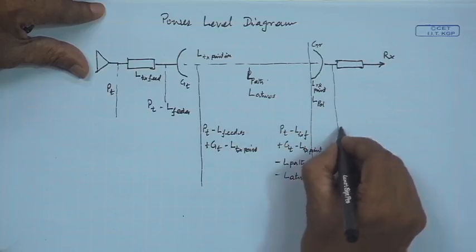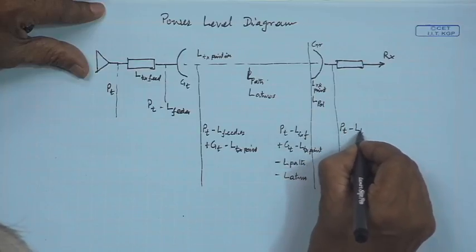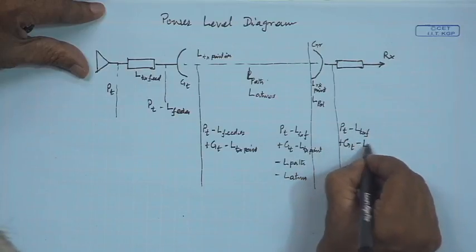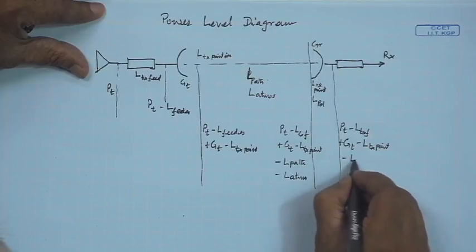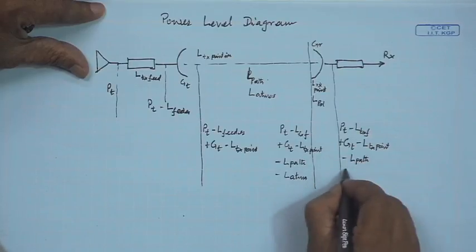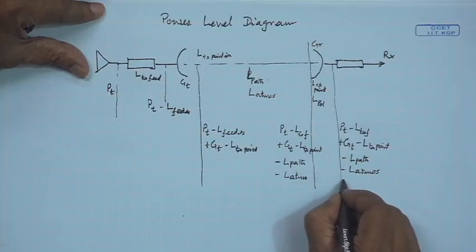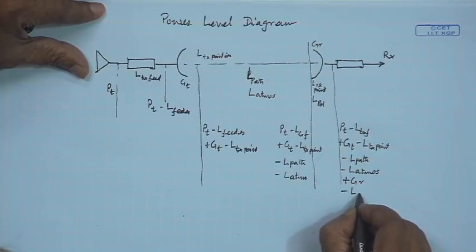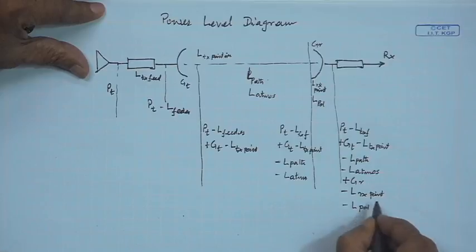So, those things can be listed: PT minus loss due to transmit feeder plus GT minus loss due to transmit pointing minus loss due to path minus loss due to atmosphere plus GR minus loss due to receive pointing minus loss due to polarization.